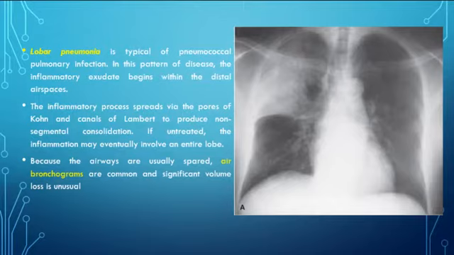The inflammatory process spreads via the pores of Kohn and canals of Lambert to produce non-segmental consolidation. If untreated, the inflammation may eventually involve an entire lobe. Because the airways are usually spared, air bronchograms are common and significant volume loss is unusual. So, in lobar pneumonia, we have consolidation and air bronchogram.